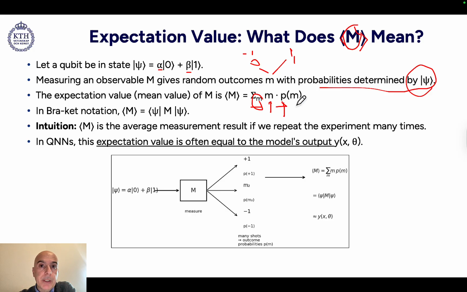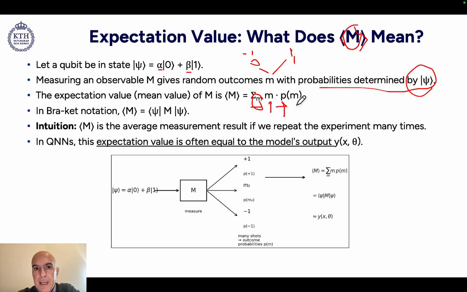For instance, if we have a Hadamard gate acting on the state 0, the expectation value for a projector type observable, where we can have outcomes 0 and 1, will be nothing else than 0 multiplied by 1 over 2 plus 1 multiplied by 1 over 2. So the expectation value will be 0.5.